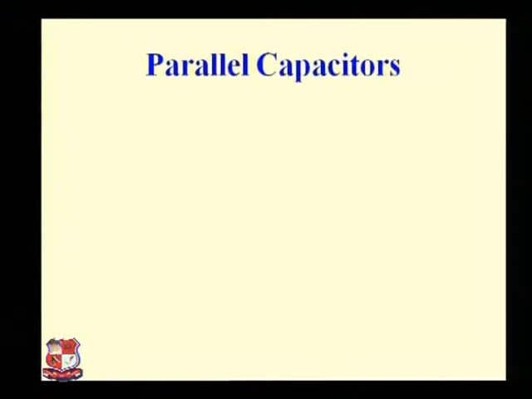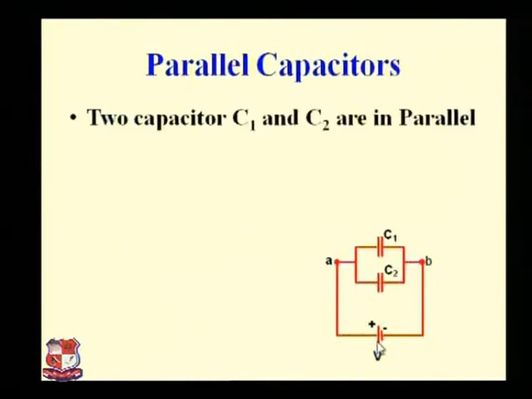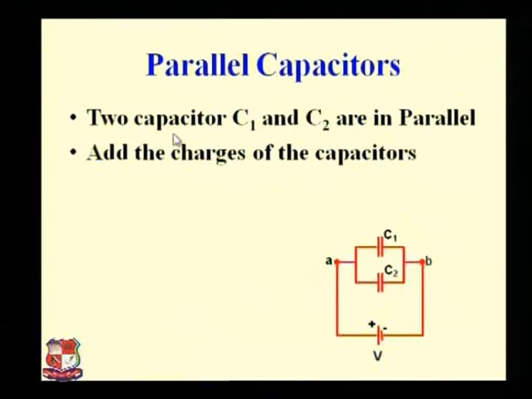Now go for connection. Parallel connection of capacitors. In the figure, two capacitors C1 and C2 are connected in parallel with voltage source V. So add the charges of the capacitors.